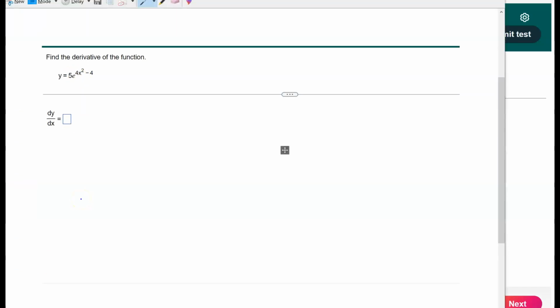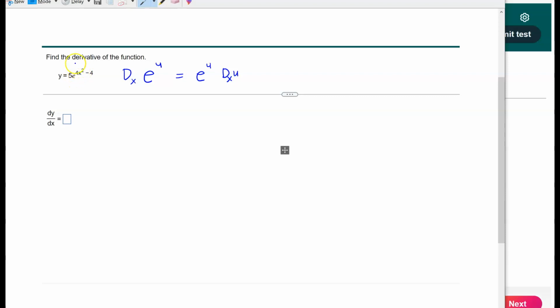So using chain rule, you are just going to think of this as e to the u. So we're going to use the formula for the derivative of e to the u. The derivative of e to the u with respect to x is just e to the u du dx.